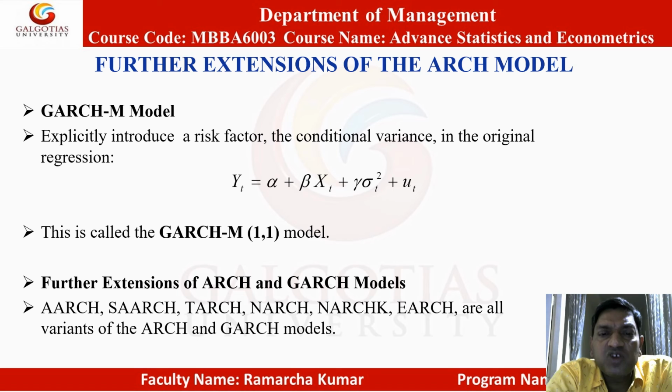So every time you see a volatility model, you need to estimate it, you prefer the GARCH model. If you want to bring some variation, then you can modify the model and extend it along different lines, and these are the different extensions of the GARCH and ARCH models.